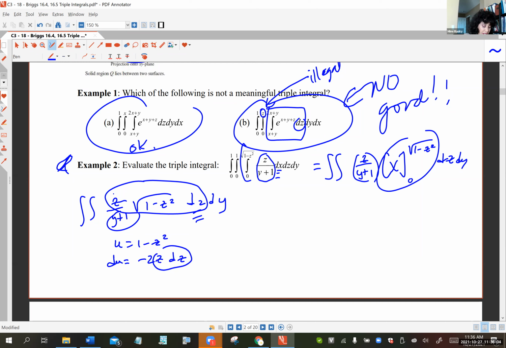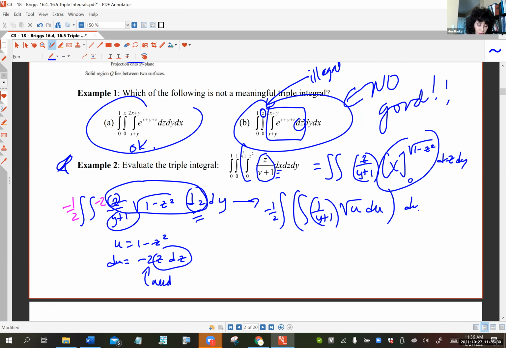Notice I do have a z and a dz in the integrand. Perfect. I just need a -2. Fine. That's always easy to come up with. So I'm going to put a -2 in there, provided I multiply the front by its reciprocal, and that makes it legal. This now looks like 1 over y plus 1, you've got square root of u du going on in there, and then you also have the dy.